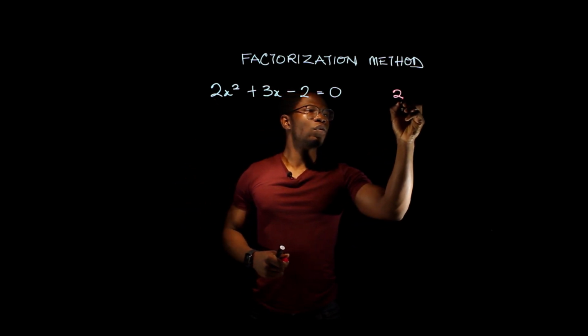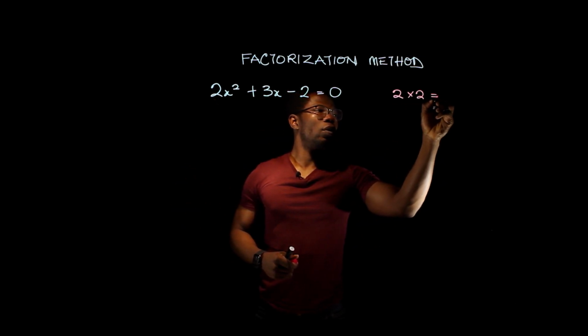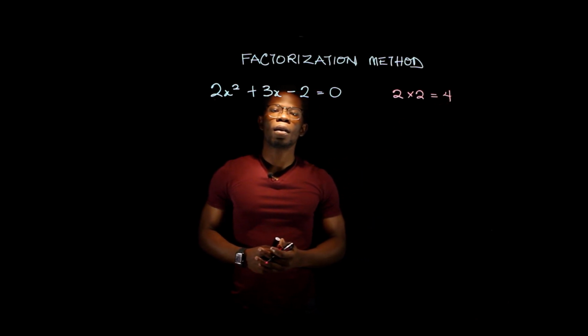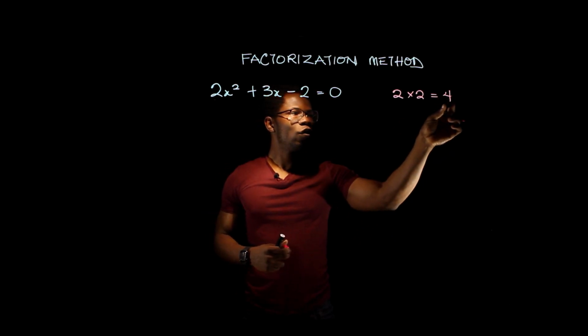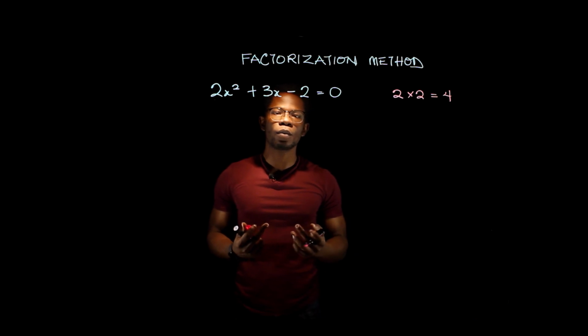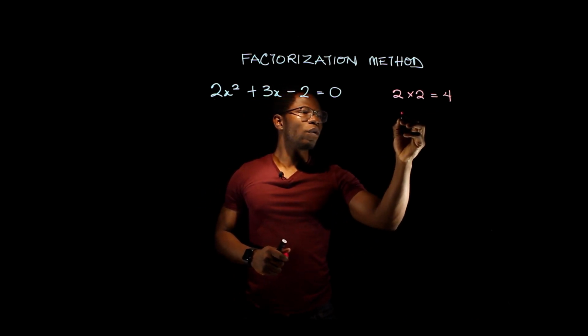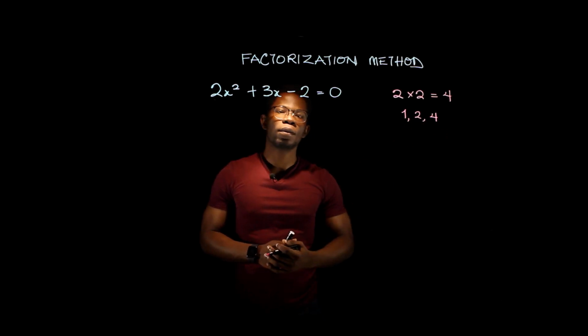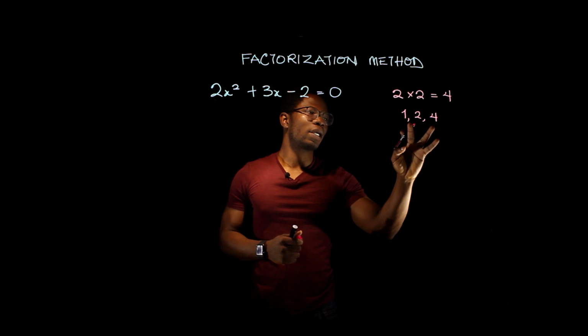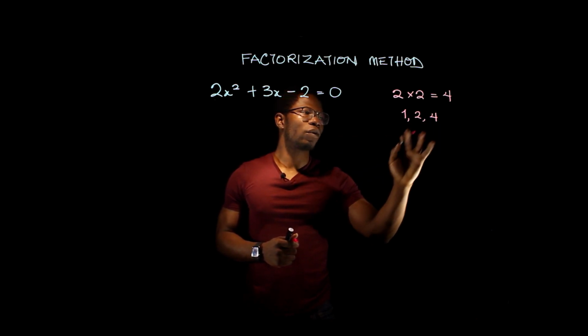And in this case, 2 multiplied by 2 is equal to 4. And the next thing is we find 2 factors of 4, which when we add or subtract gives us 3. So what are the factors of 4? We have 1, we have 2, and we have 4. Now, two numbers here we can combine to give us 3 are 1 and 4.